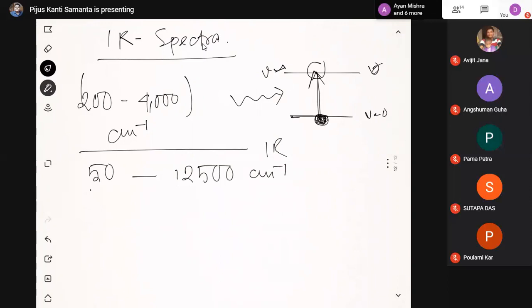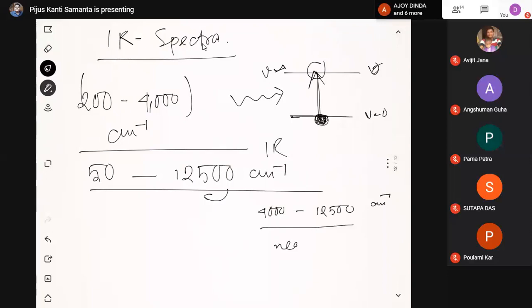The first one, we shall write from this way to this way: 12,500 to 4,000. They are all written in centimeter inverse. This region is known as the near infrared region.